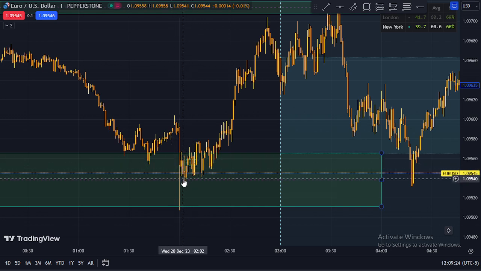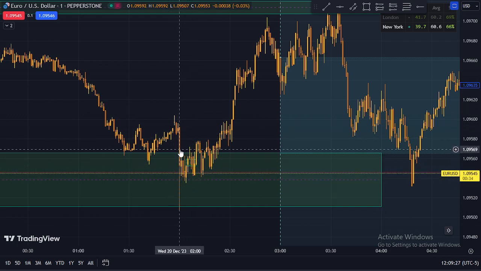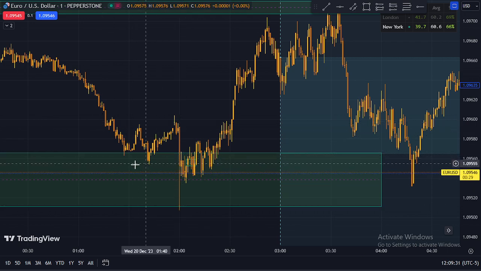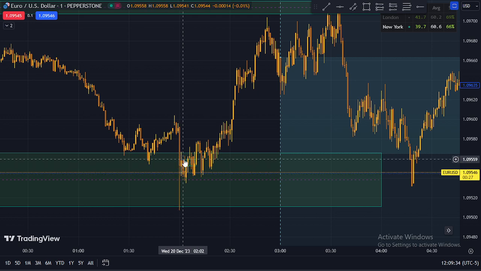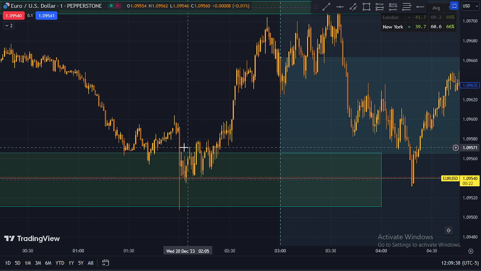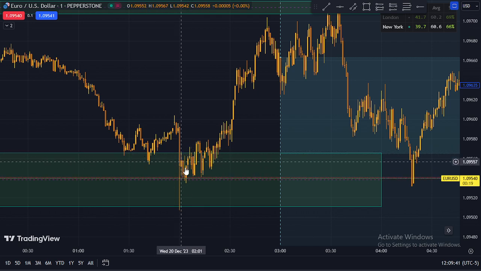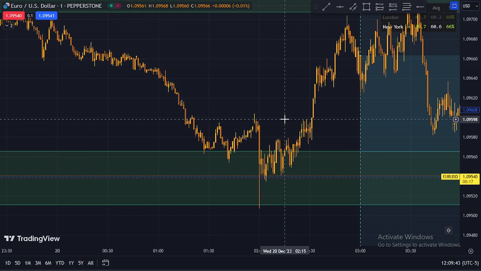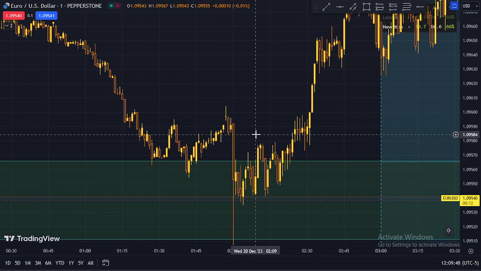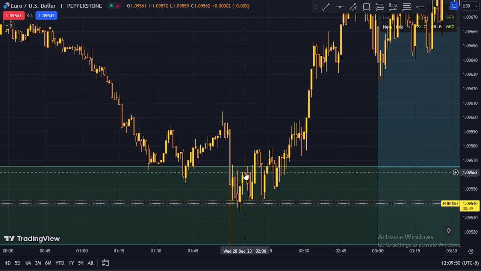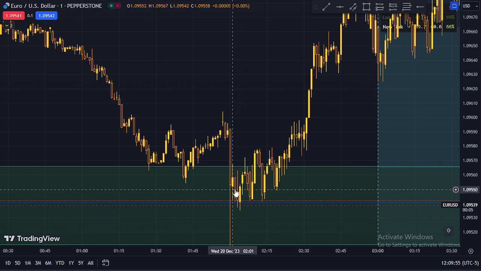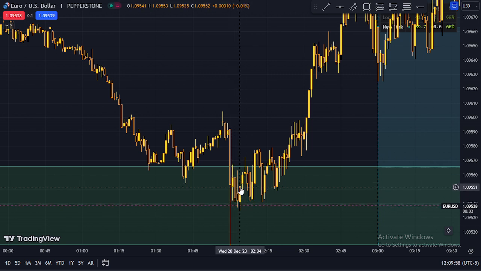So this is the 2 a.m. candle that went down, checking out these sell side, and then we had this swing high right there. So we had that, and then we had an inefficiency. So this is the 2022 mentorship way of entry. So we had an inefficiency, and also we had these volume imbalance, both of them being inefficiencies.